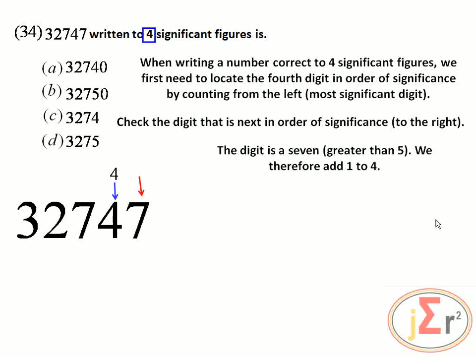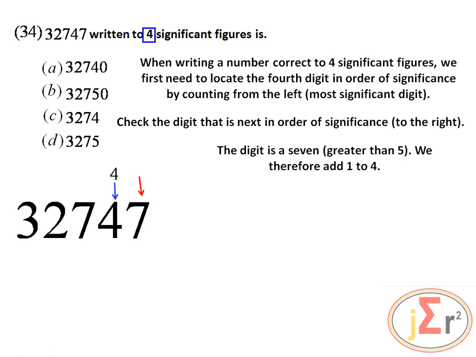The digit is a 7, which is of course greater than 5. We therefore add 1 to 4. In the case that it is 5 or more, we will add 1 to the more significant digit. So, since it is greater than 5, we need to add 1 to the more significant digit.